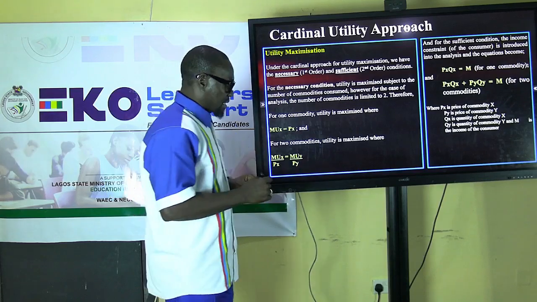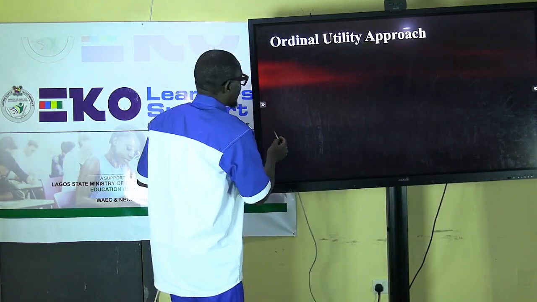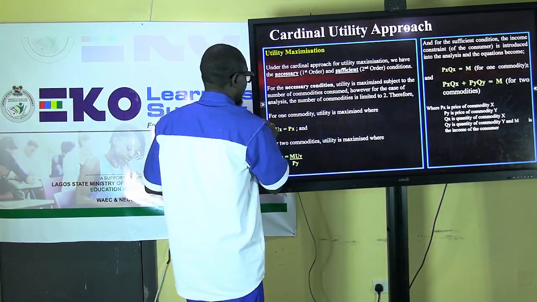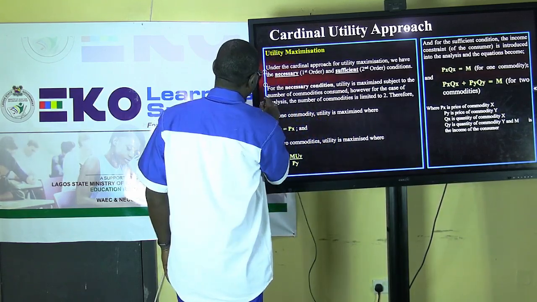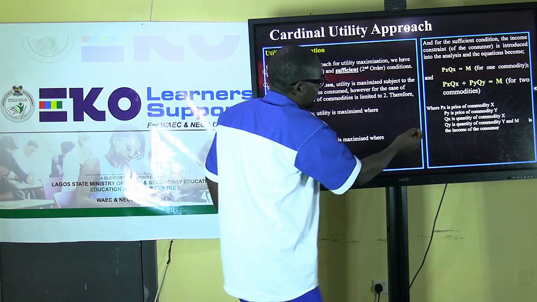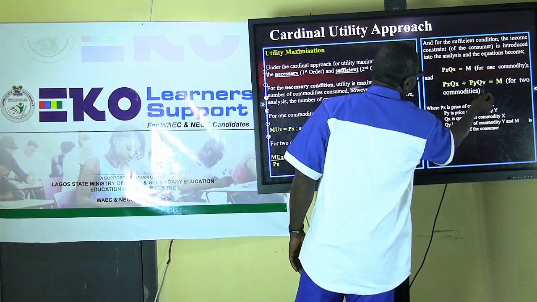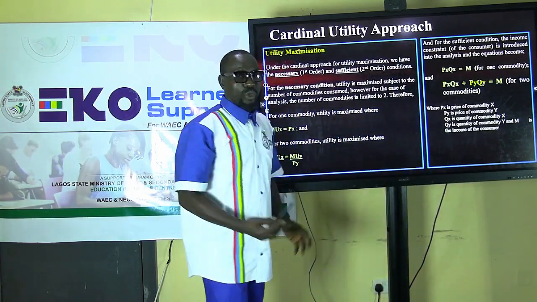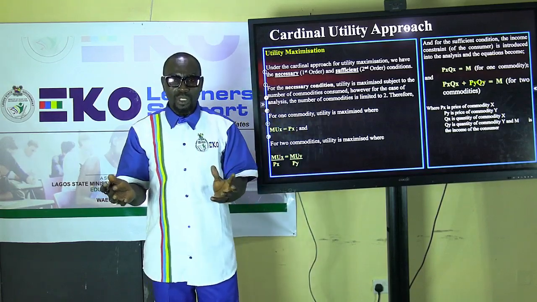So it means that this is a bundle. This is a bundle of products. This is another bundle of products. So the bundle of this product plus the bundle of that product is equal to your income.